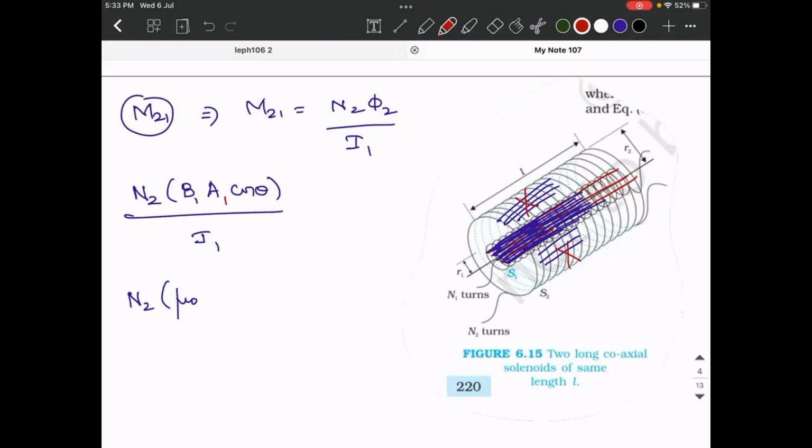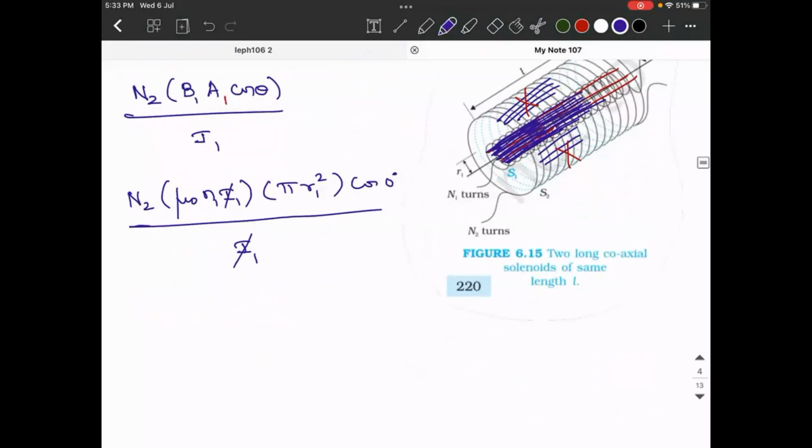So mu naught into n1 into I1 into the area of the first coil, which is pi R1 square, into cos 0 degrees, divided by I1. So I1 and I1 will get cancelled. So what are you going to have?